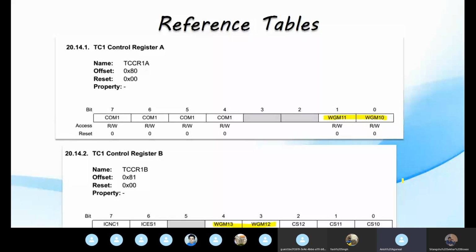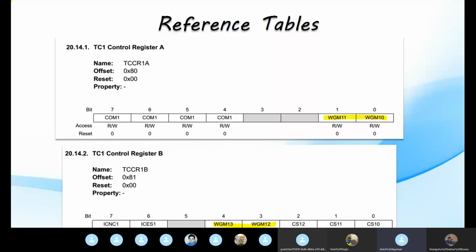So we have set the value in the code as 00 for WGM13 and WGM12, and we have set the value for WGM11 and WGM10 as 11 in the code. If you see the TCCR1A and TCCR1B, you will see that we have set WGM11 and WGM10 as 11, and WGM13 and WGM12 as 00.